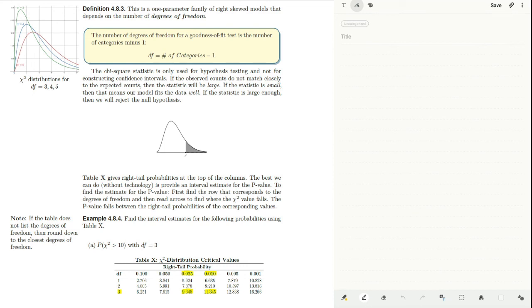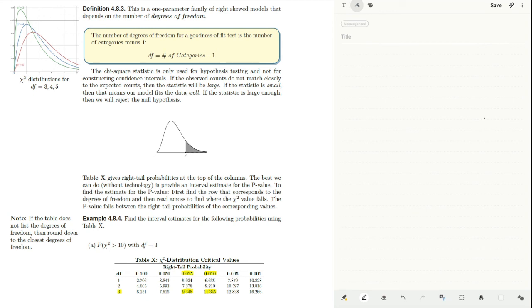So we refer to table X for the area under the chi-squared distributions. Now this table will provide the right tail probabilities at the top of the columns. Now the best that we can do without using technology is to provide an interval of values of where the p-value may lie.